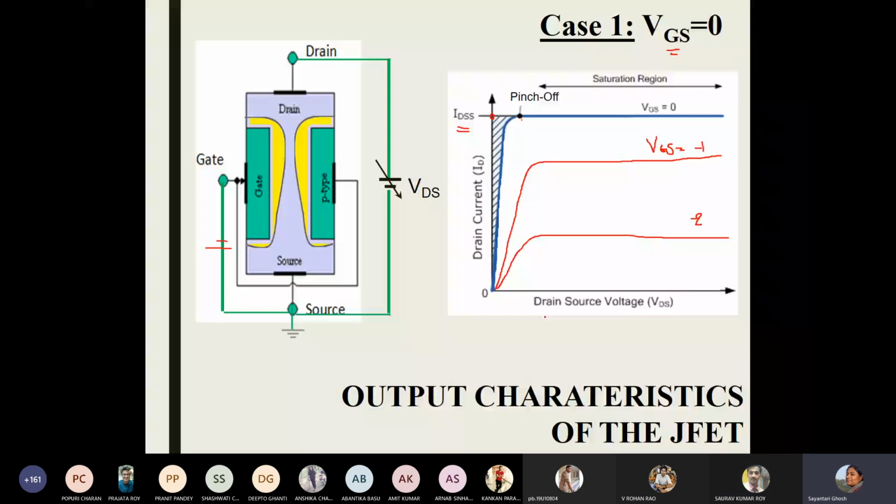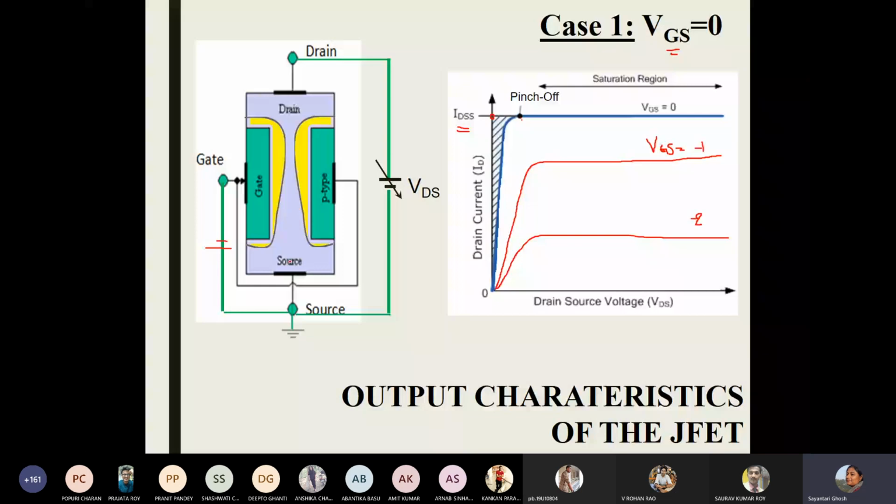Okay. So the VGS equal to 0 part we have discussed, right? VGS equal to other negative values, we will start our discussion from there in the next class. The only thing that I want to mention here is that if I want to apply a negative bias across the PN junction using the gate to source terminal, I have to attach my battery like this, where the P-type side will be connected with the negative side of the battery and the N-type side will be connected with the positive side of the battery.